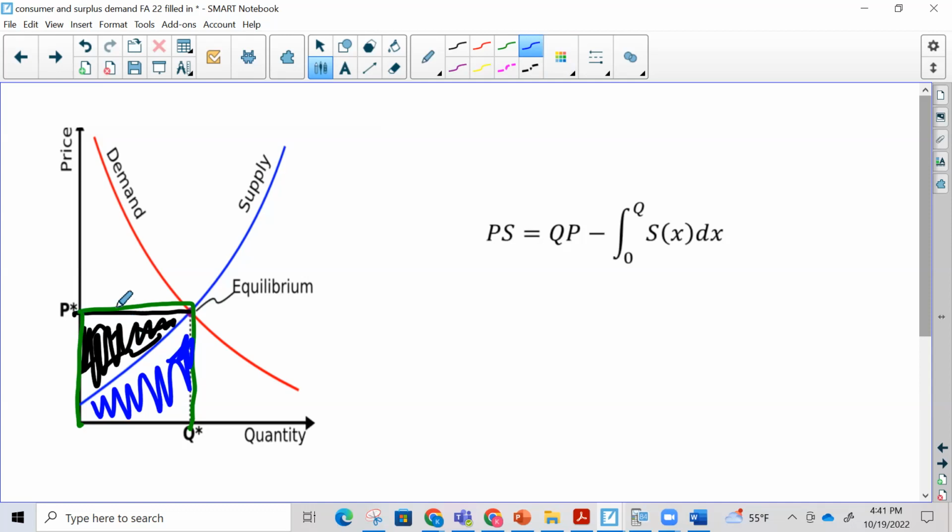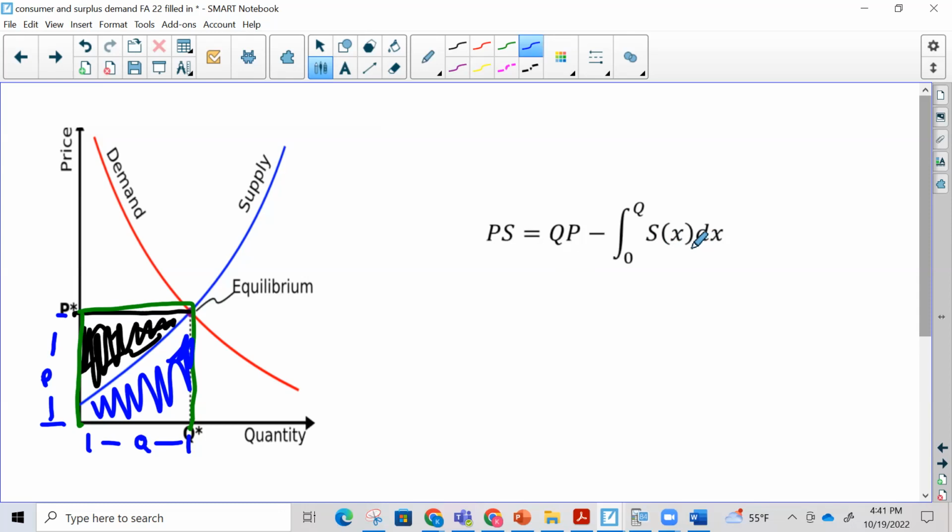So to do that, we take the area of this rectangle, which again is length times width, where the width is Q and the length is P, or base times height. And then we subtract the area under the curve, which is going to be the integral from 0 to this x value, which we call Q or Q star, of the supply curve.